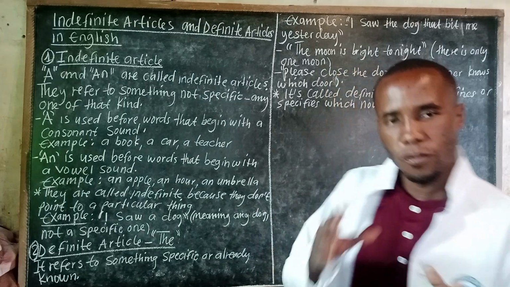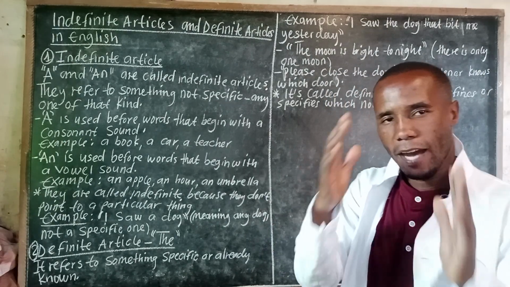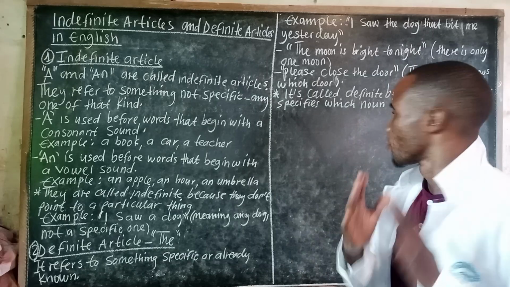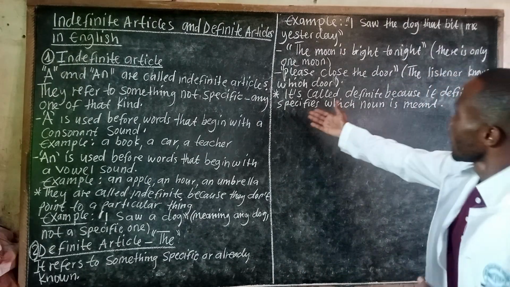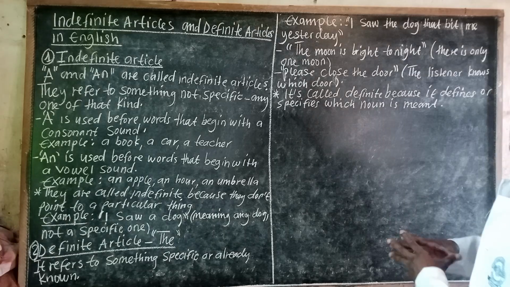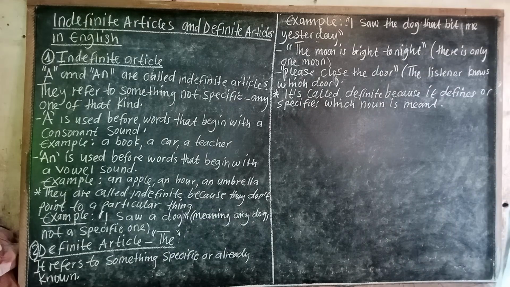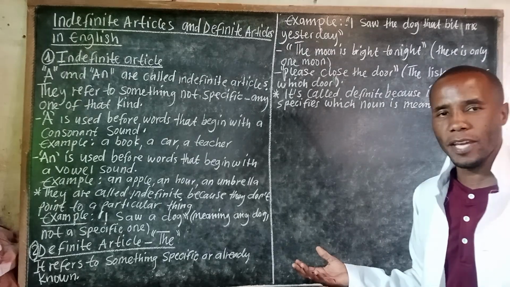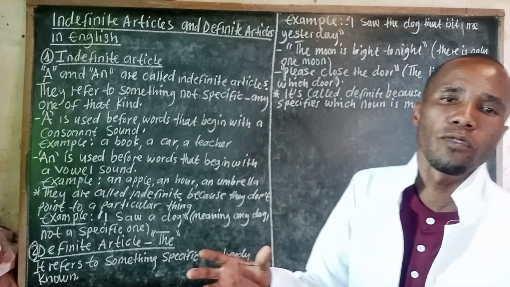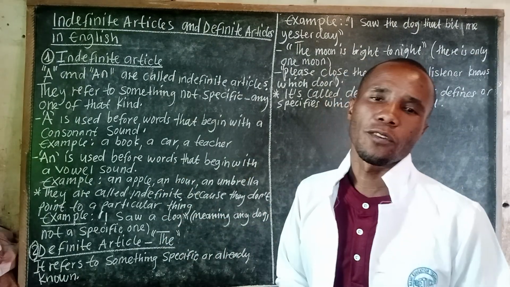So you should know that distinction between the two. The last point: it is called definite because it defines or specifies which noun is meant. That's why it is called the definite article.